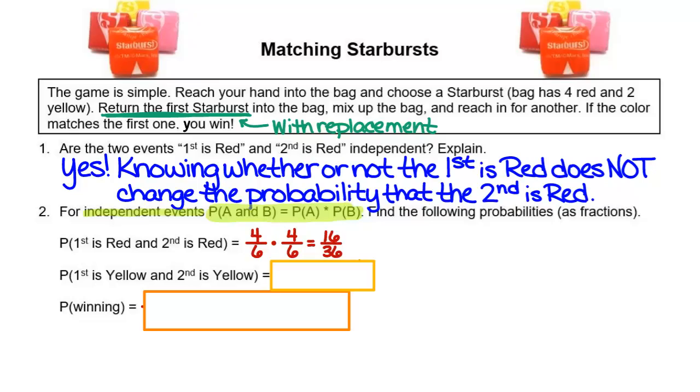You can see we wrote out the entire sample space. You can count all 16 ways that we can get 2 reds. What's the probability that the first one you draw is yellow and the second one is also yellow? It'd be 2 out of 6 times 2 out of 6, for a total of 4 out of 36.